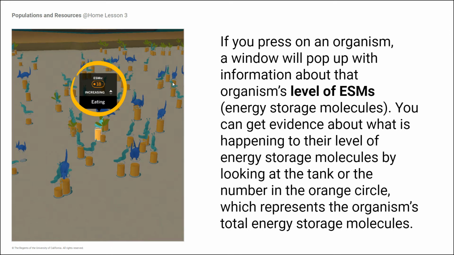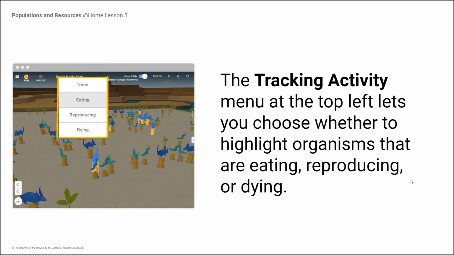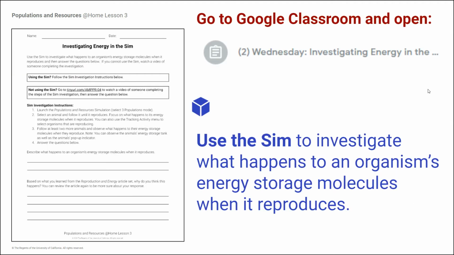So when we use the sim in a moment, this is what you want to be focusing on. The tracking activity menu at the top left lets you choose whether to highlight organisms that are eating, reproducing, or dying. Go ahead and go to Google Classroom and open number 2 for today, which is investigating energy in the sim.